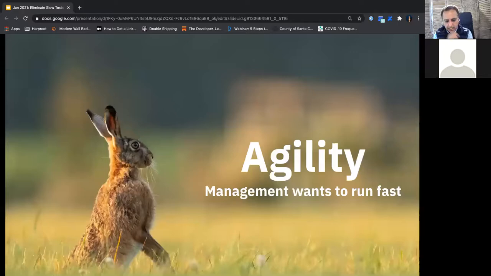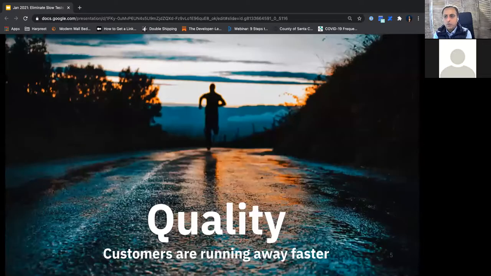And lately there's been this mantra, move fast, break things, and people have been embracing that. What tends to happen when you move fast and break things is the quality of your software actually goes down, and customers are running away.